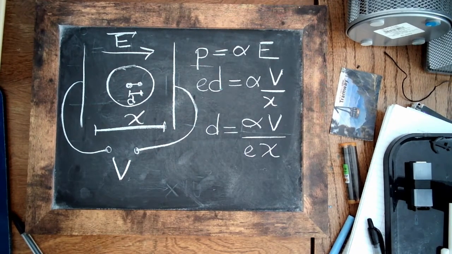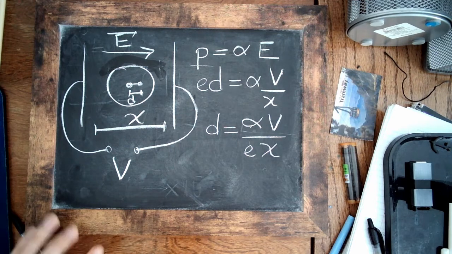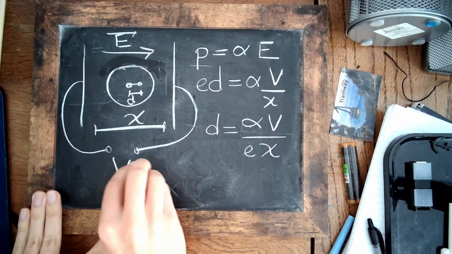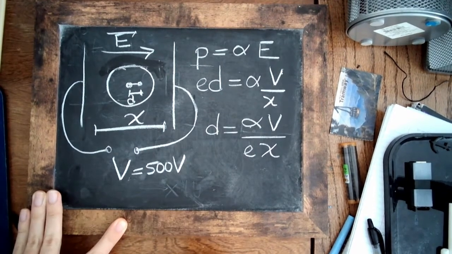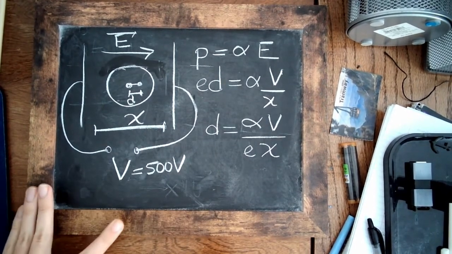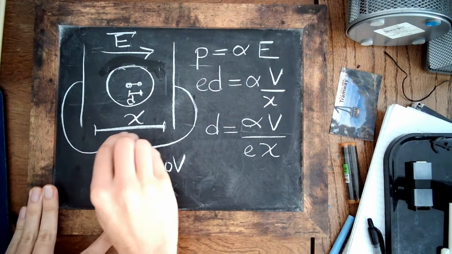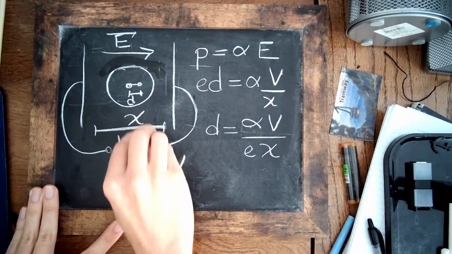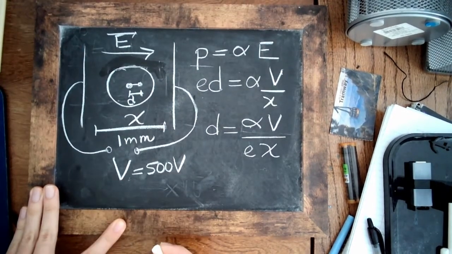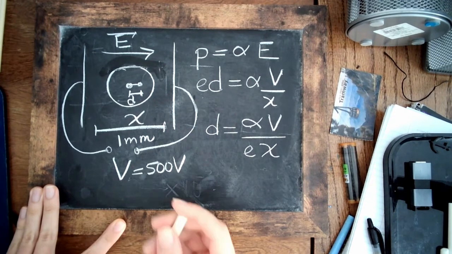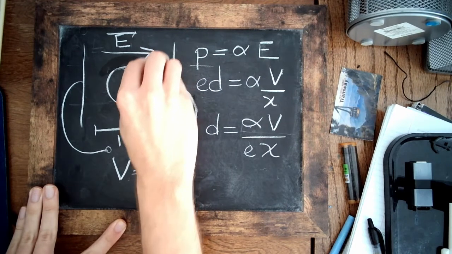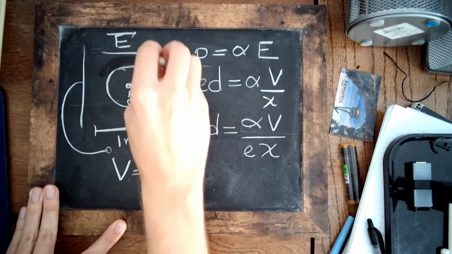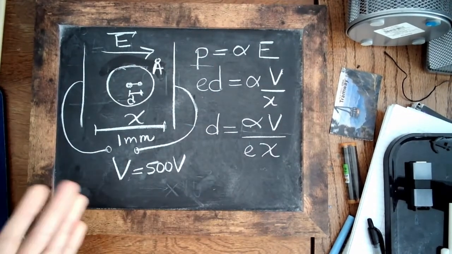Now let's plug in some numbers. Let's say we want to apply a pretty strong field, so we'll make the voltage 500 volts. And let's do a reasonable separation. Let's say 1 millimeter is the distance. And just for reference, the distance across an atom like this is about an angstrom, so 10 to the minus 10 meters.